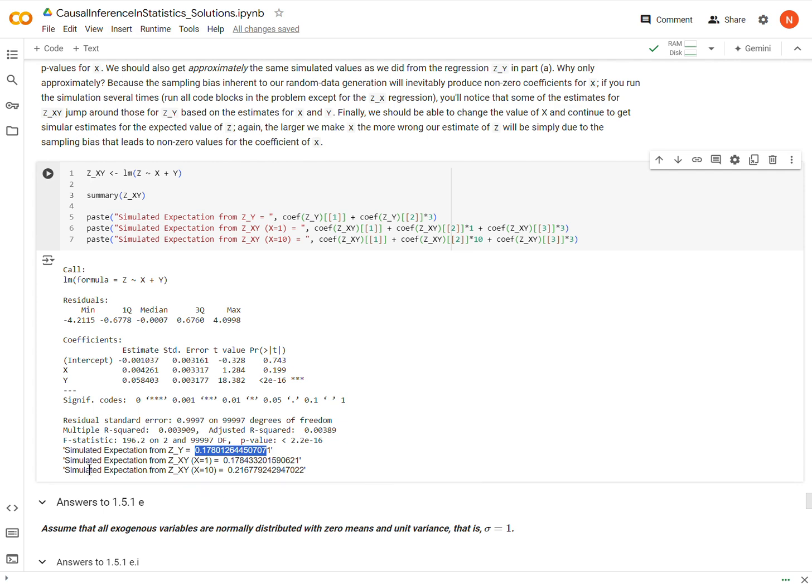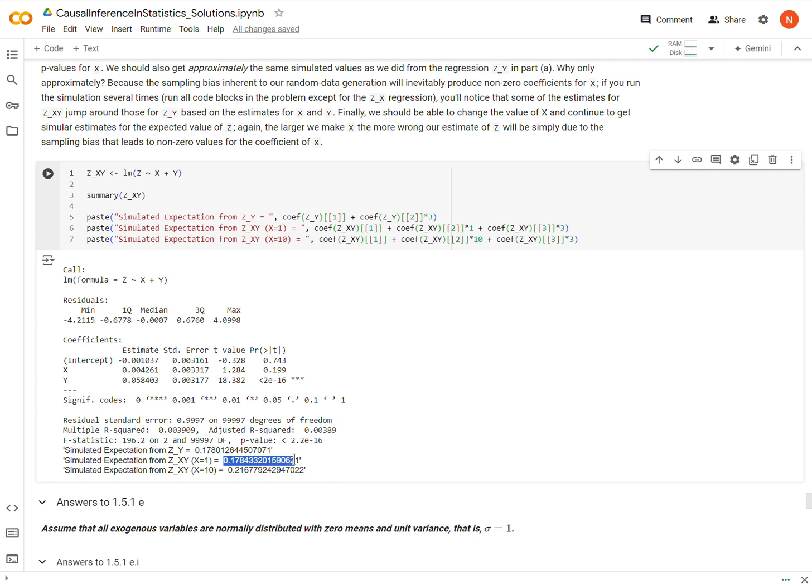And then when we simulate z given x and y, so this multiple regression, where x equals 1, we get basically the same value. It's not exactly the same because in our simulated data, even though we know, because we created the simulation that made the data, that this value is actually 0, random sampling variability and sampling bias mean this value does not exactly match that value.